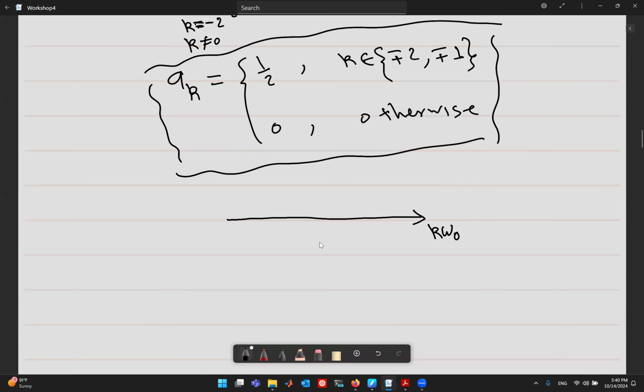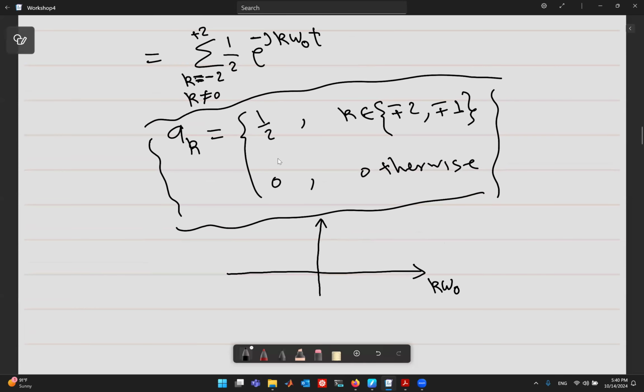So if we plot this, a_k will be 1/2 at k equals plus and minus 1, which corresponds to plus and minus 10 pi, and we have a half here.